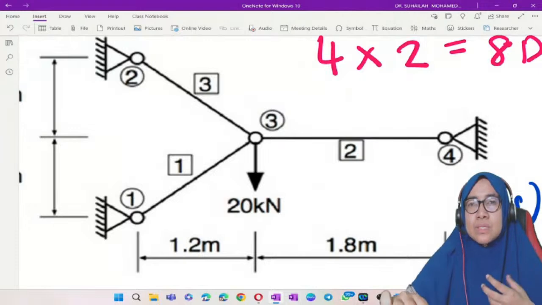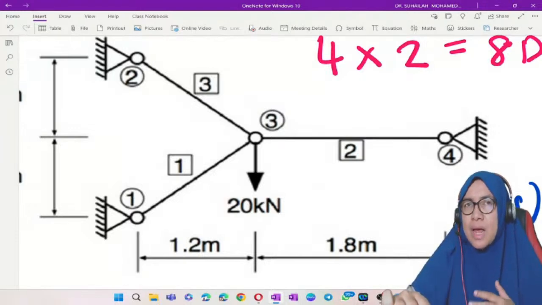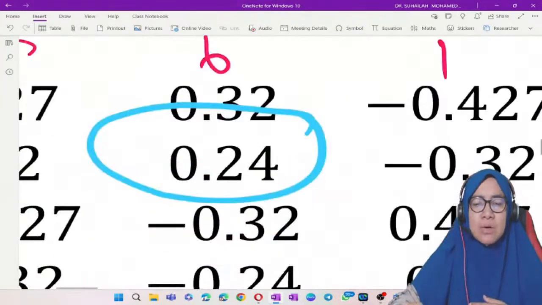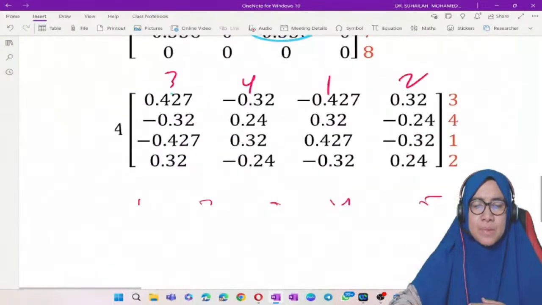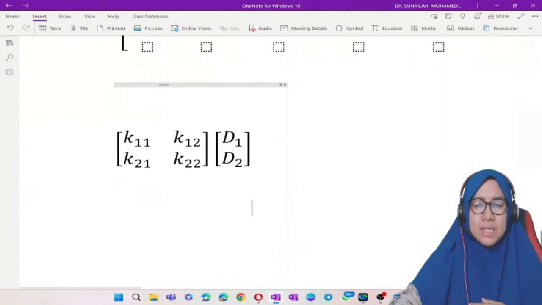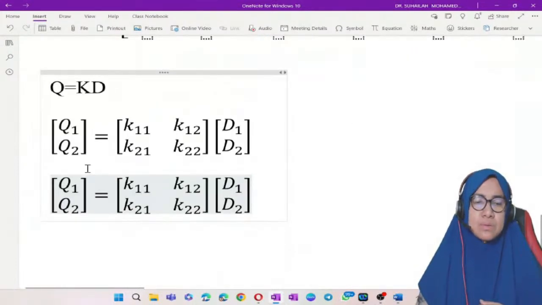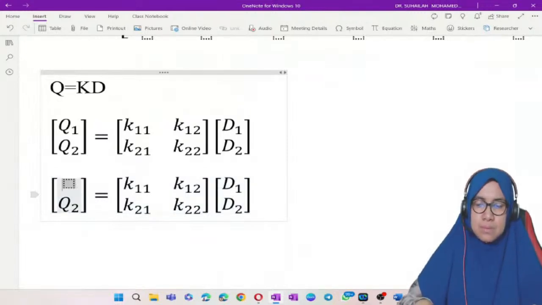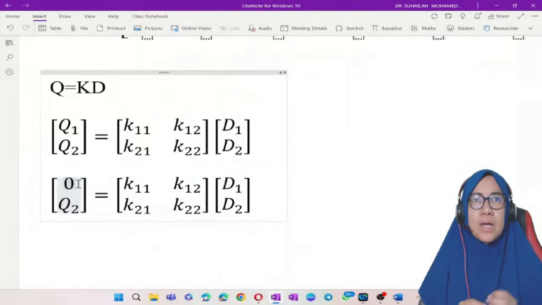Refer back to the main diagram and look at node number 3 to find the horizontal force. Since there is no value representing horizontal direction at node 3, Q1 is equal to 0.